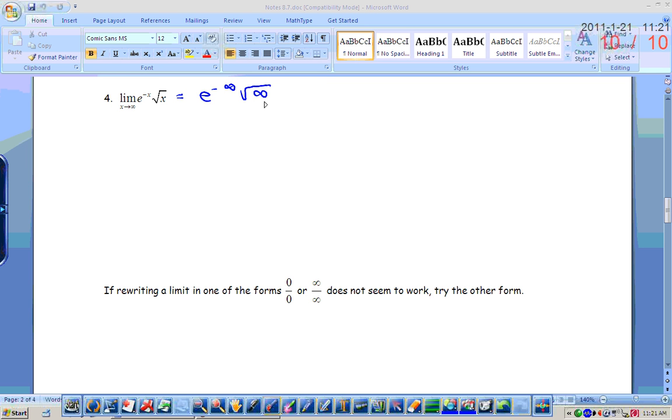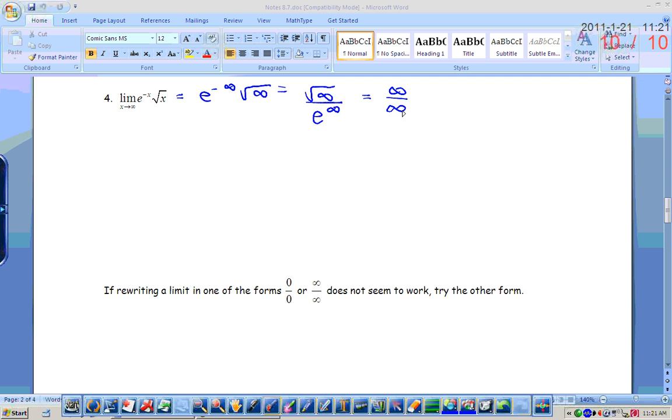It's infinity? Okay, it's infinity over infinity, because I can rewrite this as the square root of infinity divided by e to the infinity, bring that negative exponent down to the bottom. The square root of infinity is still infinity. If you've got an unbounded number and you take the square root of it, it's still going to be unbounded. So we really do have infinity over infinity.